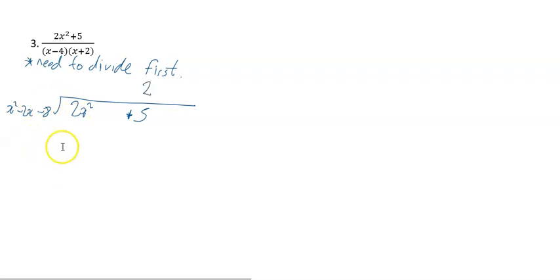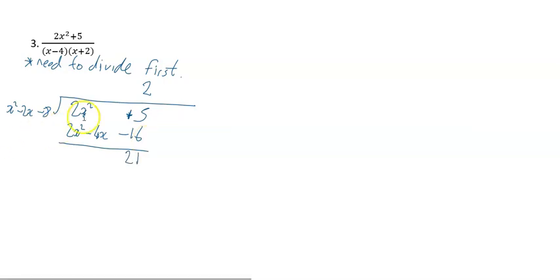So that means your 2 lines up here. Now what we're going to do is do 2 times this whole thing, the divider, and then write that underneath. So underneath we're going to have 2x squared minus 4x minus 16. I don't put a wee subtract here, but that's what we're doing. We're doing this line minus this line. So you've got 5 minus 16, which is 5 plus 16 really, which is going to be 21.